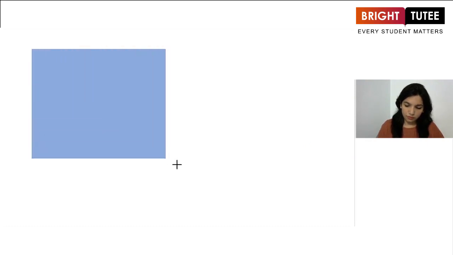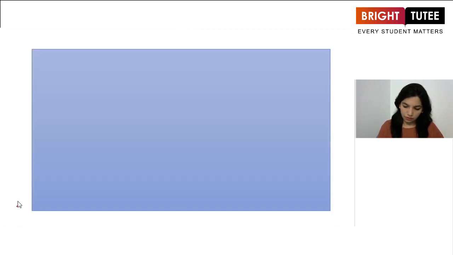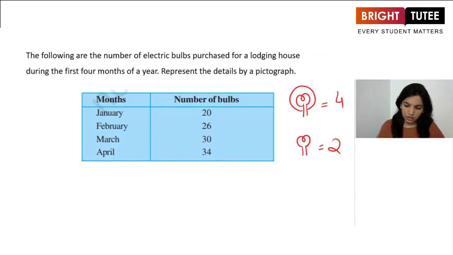Okay, so now let us draw here. Sorry, I'll just put a box there. Okay, so let us use this particular box in a bit lighter shade. Okay, so now let us divide this. Okay, so now here will be months.